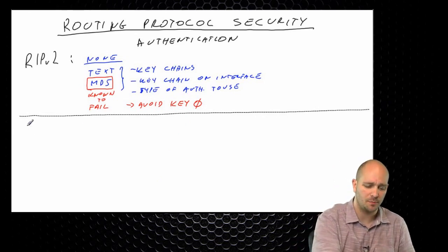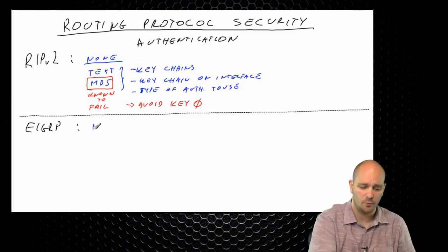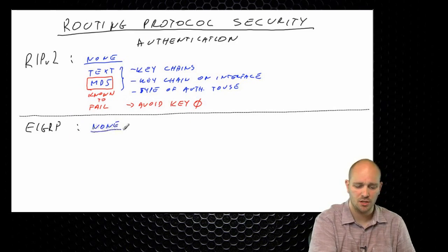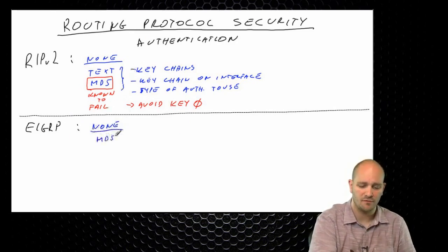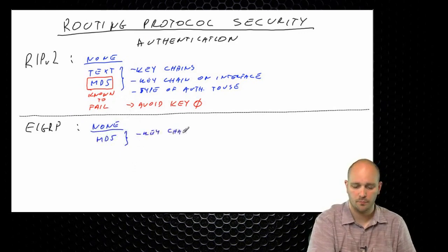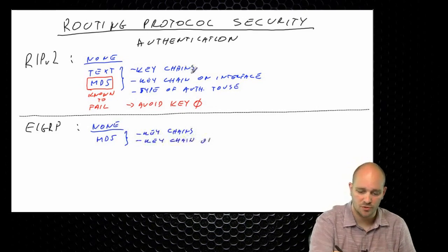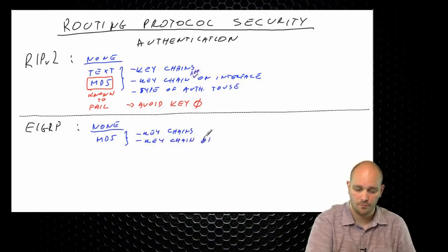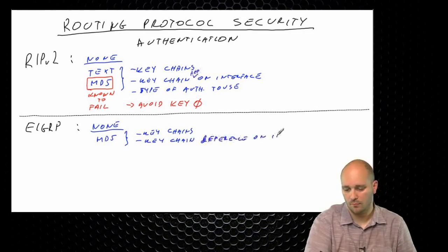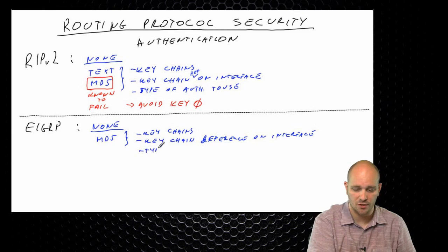Now, when it comes to EIGRP, again, it's relatively simple. We have either no authentication or we can have MD5. Again, if you are using MD5, you need keychains, a keychain reference on the interface, and the type of authentication to use.